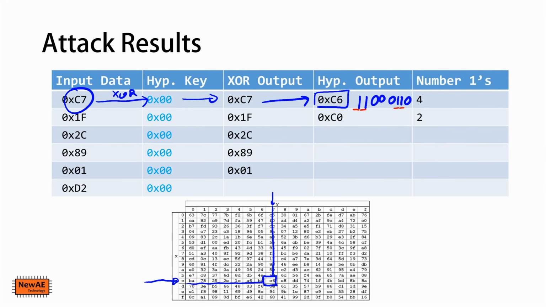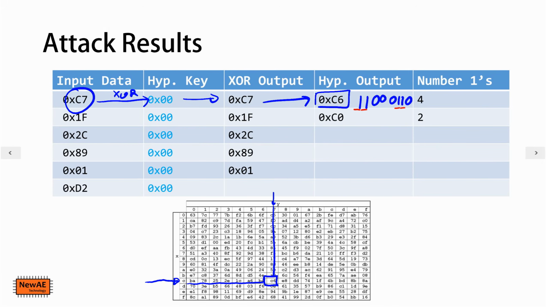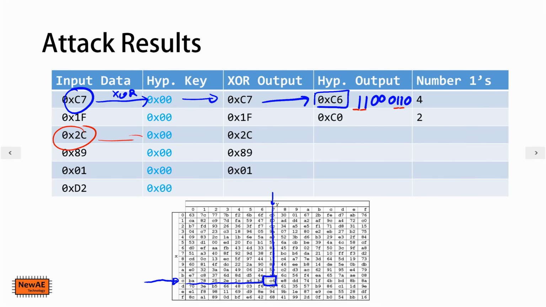I could basically go down this list and do the same thing. So for example, 2C XOR with 00 gives me 2C. Go to my lookup table again, 2, and we go across to C here. 2C will have an output of hex 71, and we can convert to binary again. So that'll be 0 1 1 1 0 0 0 1. So there's 4 ones here.